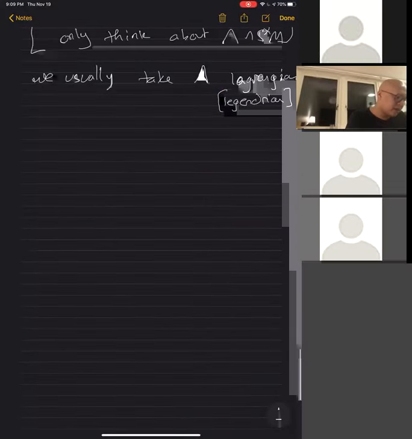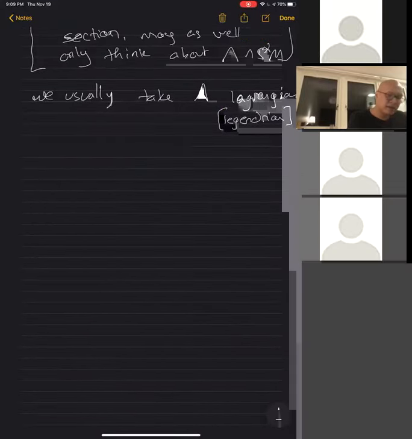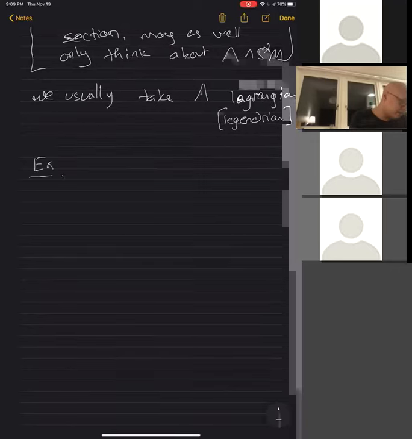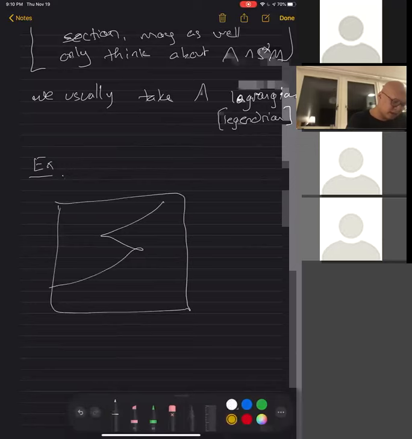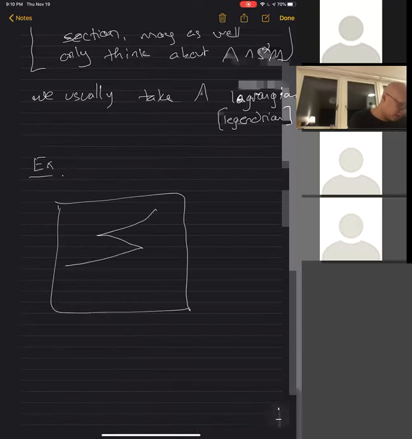And let me make some kind of hopefully illustrative example. So consider this. Okay, I should correct my drawing. Consider this picture. And I want to study sheaves with, let's say, this kind of microsupport.